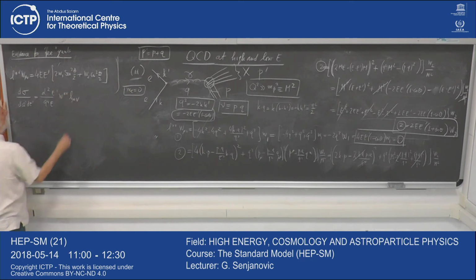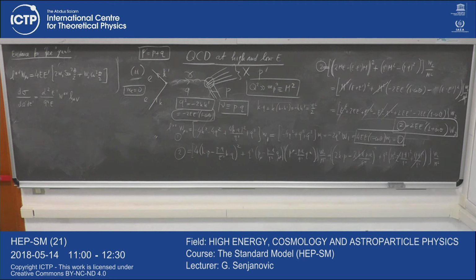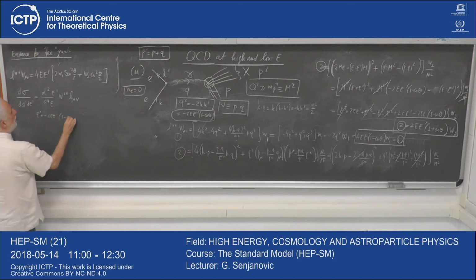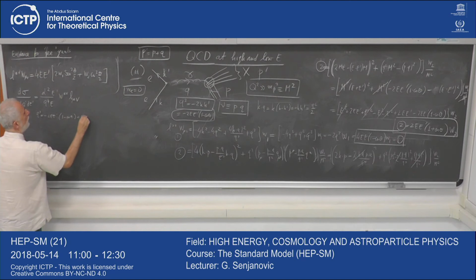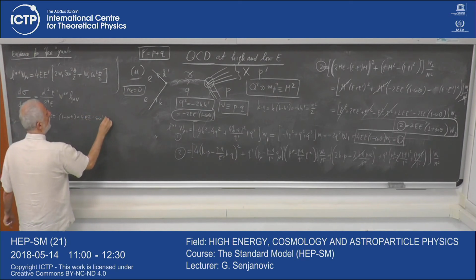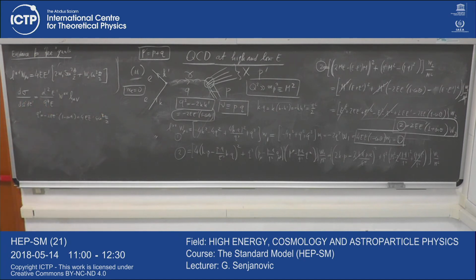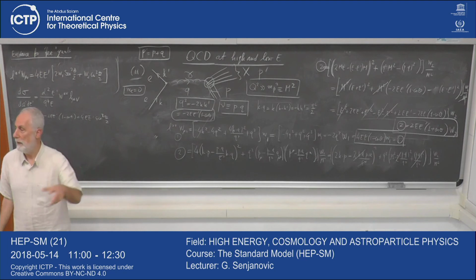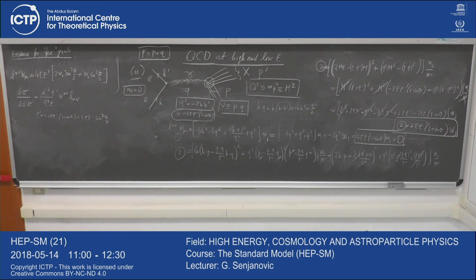Remember, this was the definition of the cross-section, where q squared is minus 2 E prime, but I'm using 1 minus cosine theta, which I wrote as 4 E prime sine squared theta over 2. And 1 plus cosine theta I wrote as 2 cosine squared theta over 2.